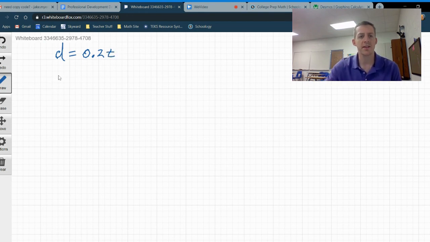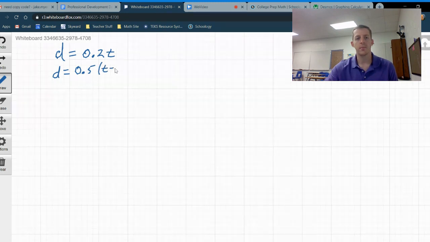Now the horse, he's a little bit faster. He can run 0.5 kilometers every minute, but the person who is going to be riding the horse, it takes them 6 minutes to saddle the horse. So we got to take that time into consideration when writing our formula. So how are we going to show that 6 minutes is going to be lost? We're simply going to do t minus 6, that's 6 minutes.